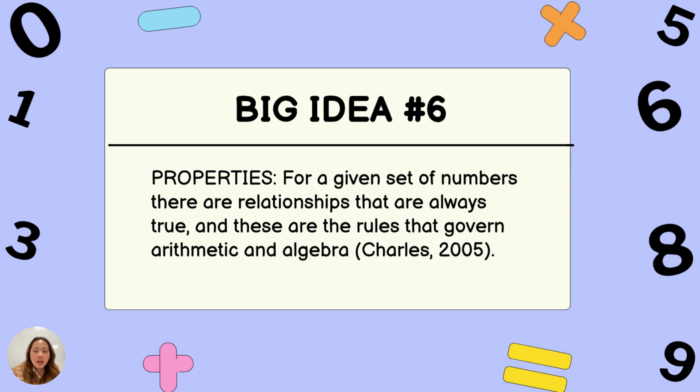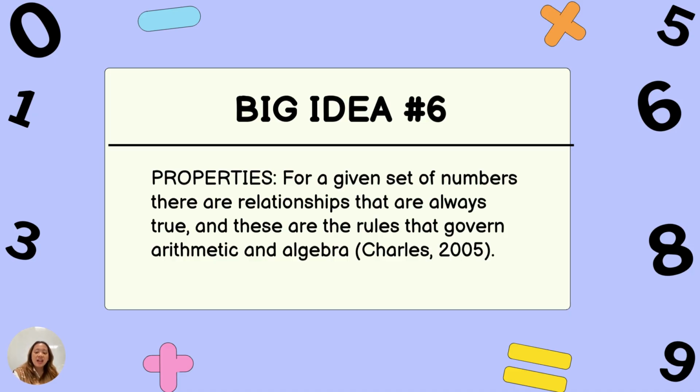For example, in addition, we can switch the numbers, such as 5 plus 3 equals 3 plus 5. But in subtraction we can't do it, because 10 take away 4 is not the same as 4 take away 10.